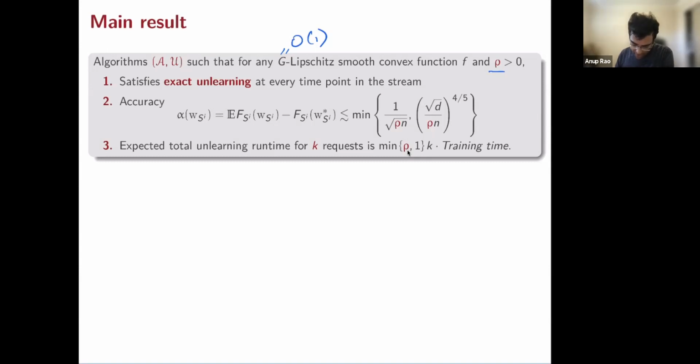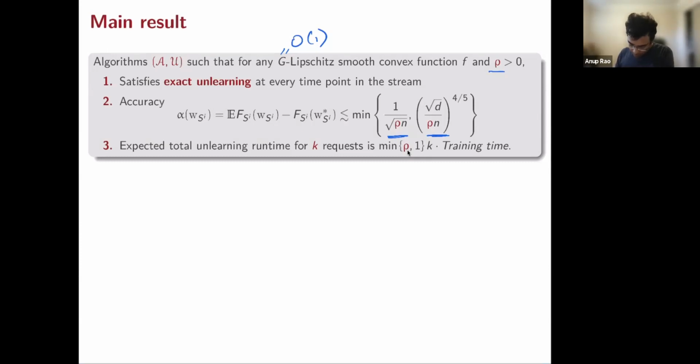So we have the exact unlearning as we wanted, and we can get an accuracy that is the minimum of these two terms. We get these two because we actually end up with two different algorithms. One algorithm achieves this bound and the other algorithm achieves this bound.